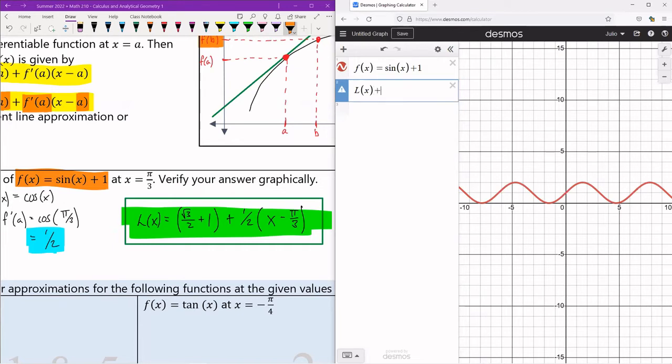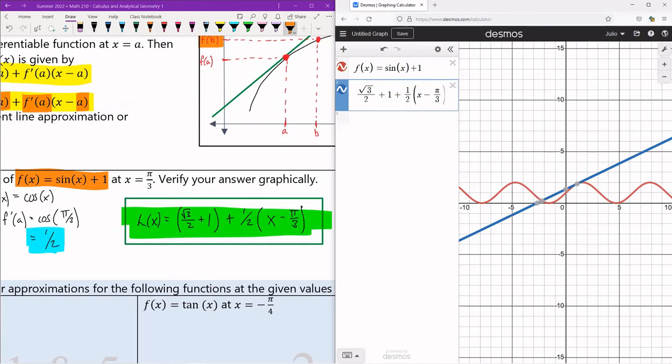So it's going to be equal to square root of 3 divided by 2 plus 1, plus 1/2 times x minus pi over 3.